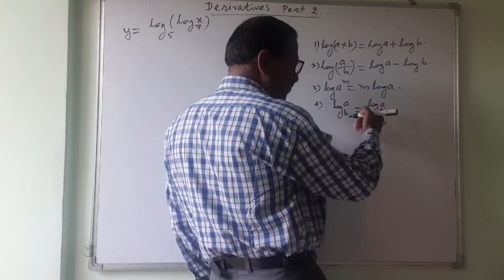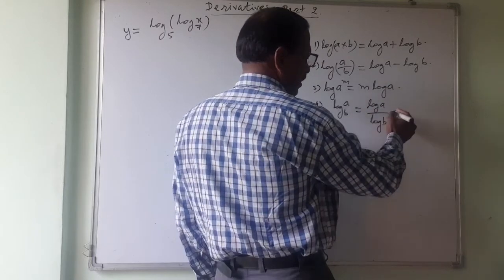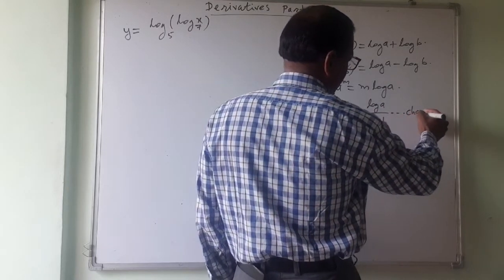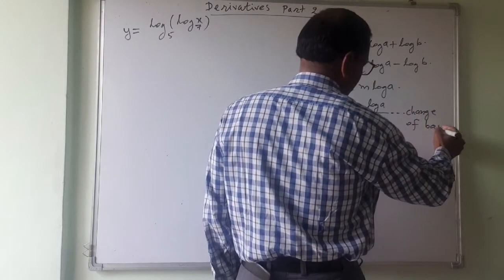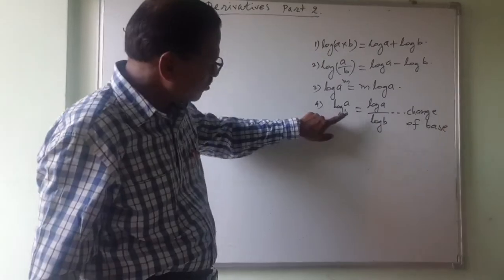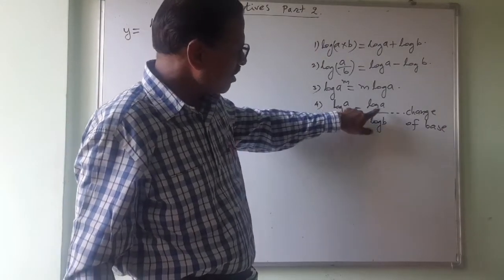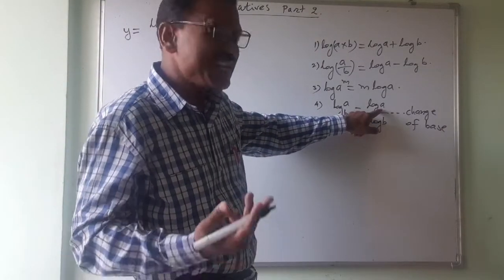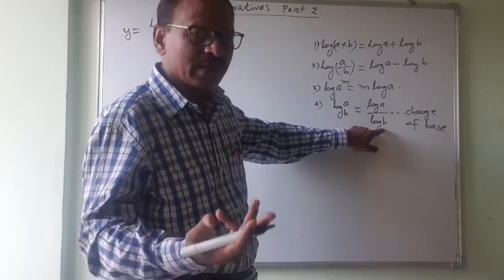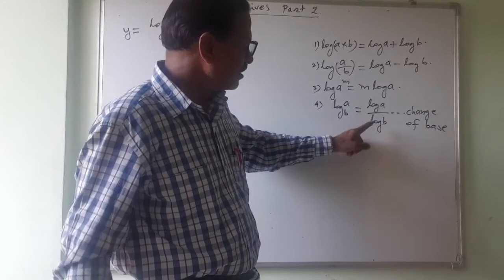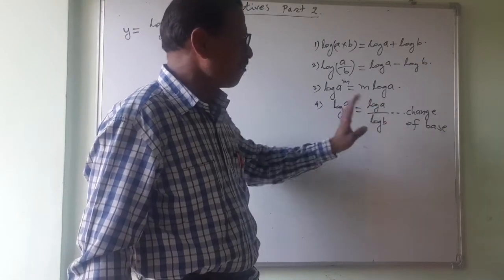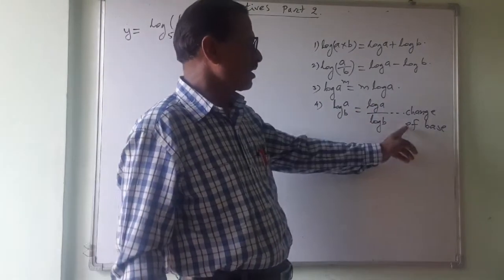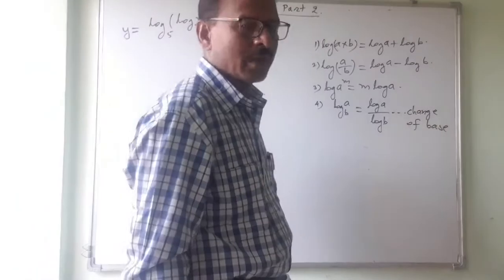Now the base is different. This is called the change of base. In this case the base was b. Now I have changed the base. It may be e, it may be 10, whatever it is. But if I am changing the base, then it is log of a upon log of b. This is called the change of base.